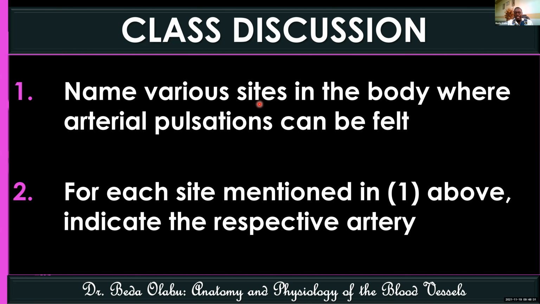So that is a site: anterior wrist laterally. And now the artery there is the radial artery. So that's what I want you to do for the other sites.